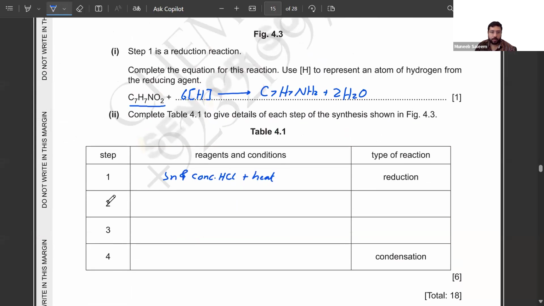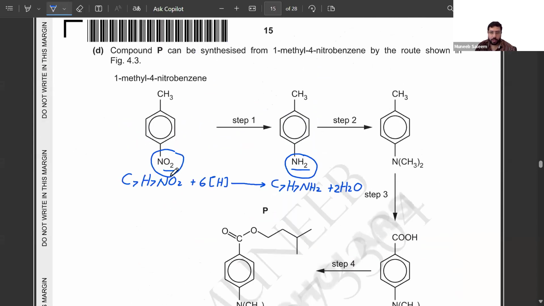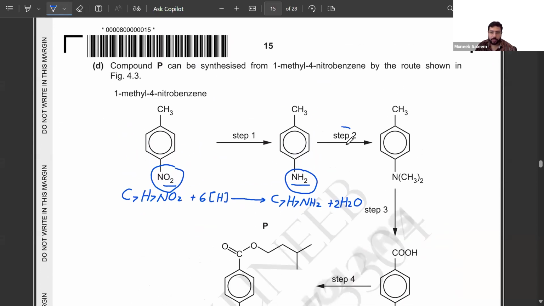Then second step. So second step, we have to explain the type of the reaction as well. Now second step says it can go from phenylamine into this compound, which is a disubstituted amine compound.